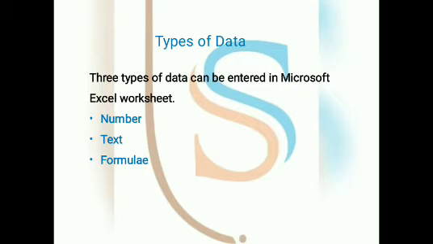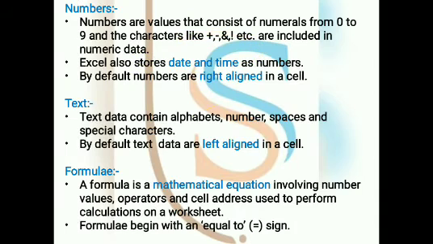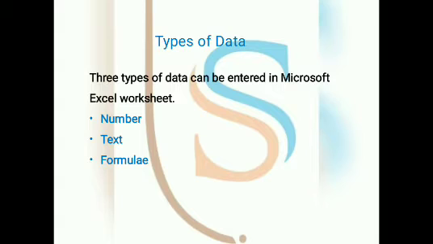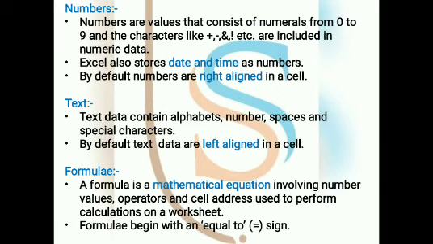So the next one is types of data. How many types of data can we enter in Excel? Three: number, text and formulas. So let's discuss it. Numbers. Numbers are the values that consist of numerals from 0 to 9 and characters also, like plus, minus, ampersand, exclamation.